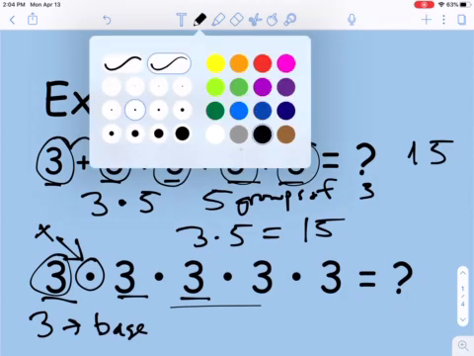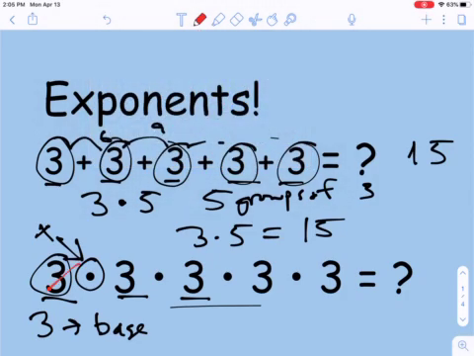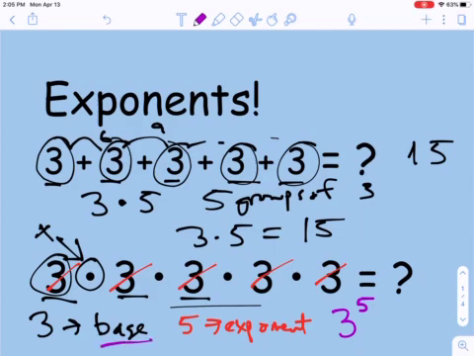So if we look at that, we've got 1, 2, 3, 4, 5. So 5 is going to be my exponent, and when we write it, we're going to write it as 3 to the 5th power. 3, so our base, to the 5th power.